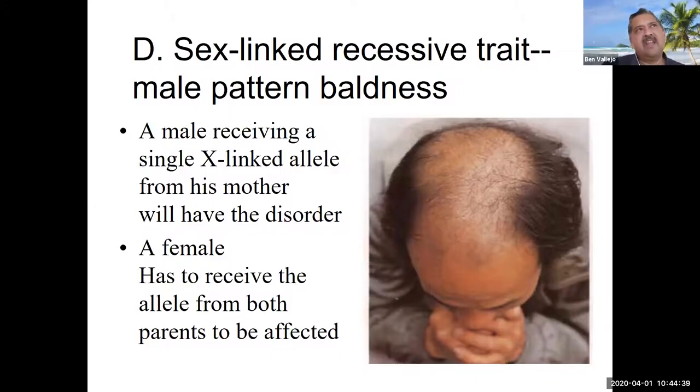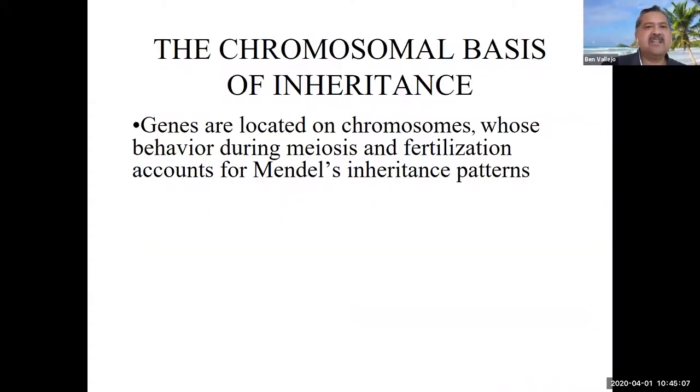And then your dad gave a Y and your mom gave you an X. So you have a chance that your mom is going to give you the X with the recessive gene on it. So sex-linked recessive traits like male pattern baldness are inherited this way.